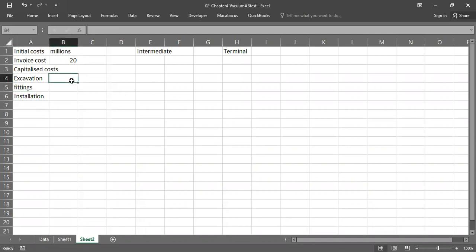These were given as 8M, 12M, 3M. Now these make a total of the entire initial cost when you add them together.